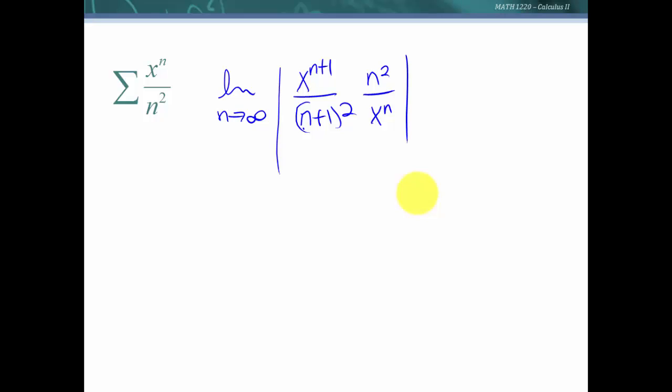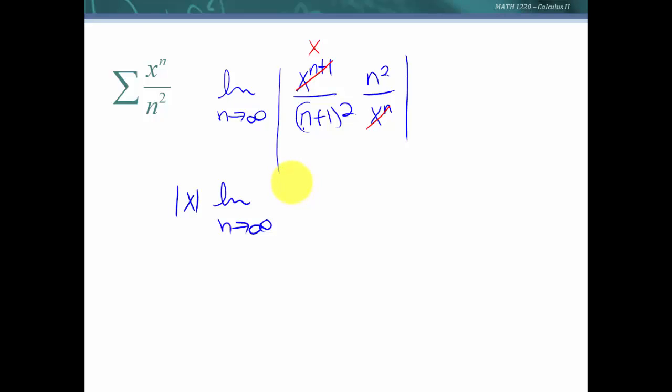Now as we look to see what we can do to simplify this, again we have this x^n and x^(n+1), so that's just going to leave x, and the x^n's will cancel. So let's go ahead and express this, bringing the x out in front of the limit.